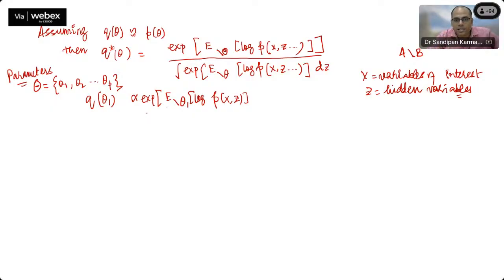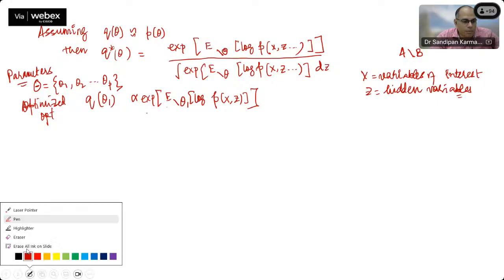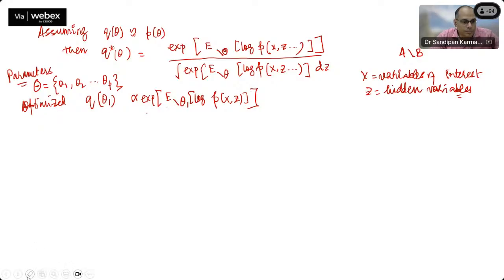And inside this is the log of the joint probability. Okay, so this is what we are going to do. Okay, another thing is basically you will be finding the optimized posterior.